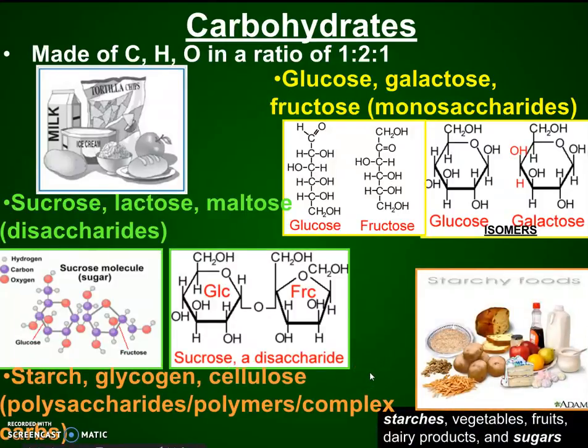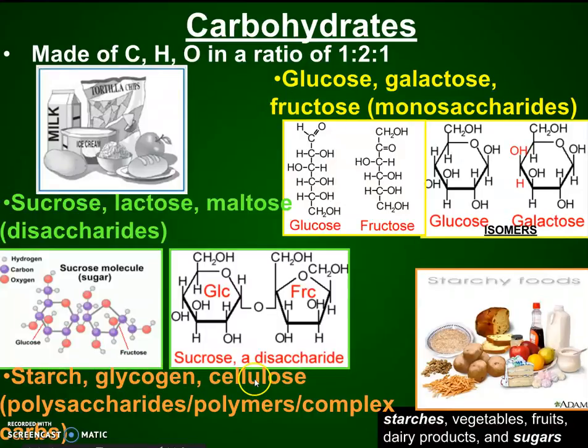The third type of carbohydrate is a polysaccharide. So let's review. We have monosaccharides made of 1 ring, disaccharides made of 2 rings, and polysaccharides. Polysaccharides I have a whole slide for, so to be continued on that at the end of the notes. I actually have a slide for each one of these.